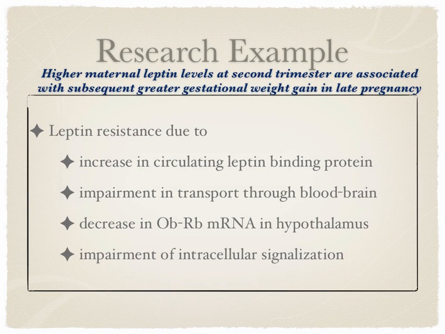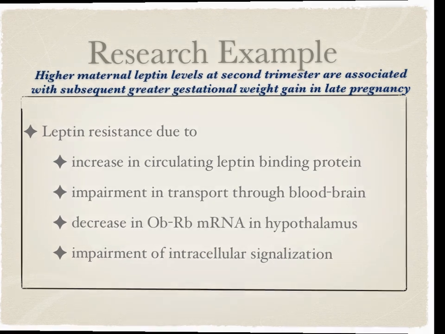The article suggests that there may be leptin resistance due to an increase in circulating leptin-binding protein, an impairment in the transport through the blood-brain barrier, decrease in OB-Rb mRNA in the hypothalamus, or it could be due to an impairment of intracellular signalization.